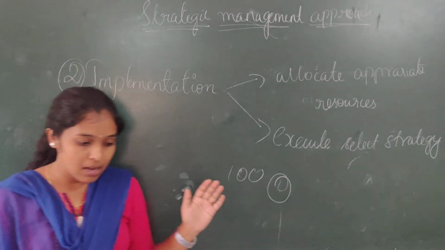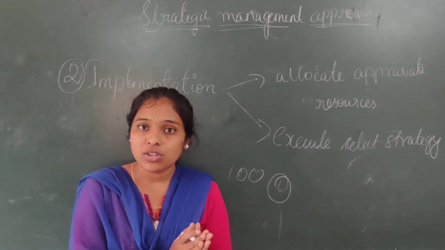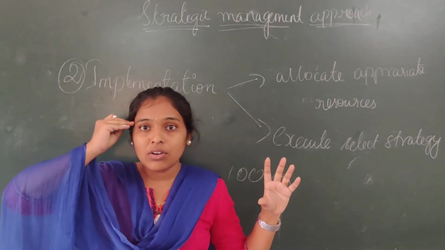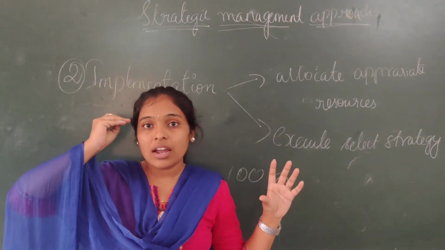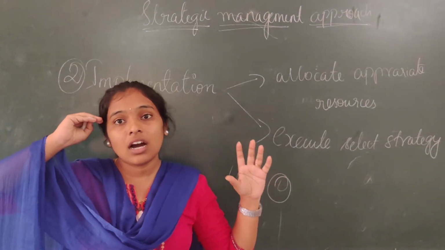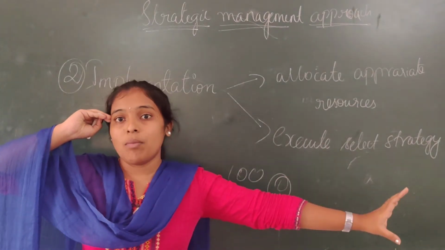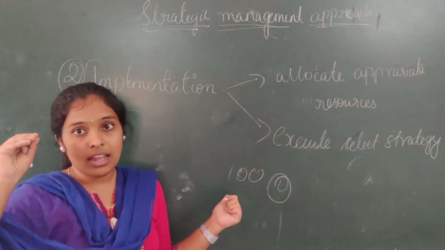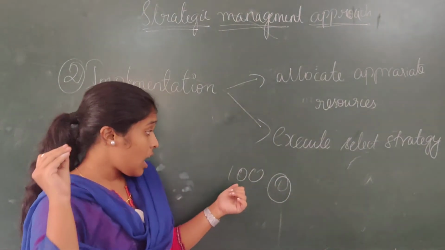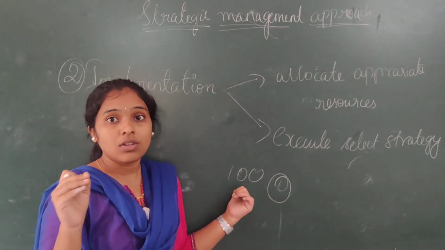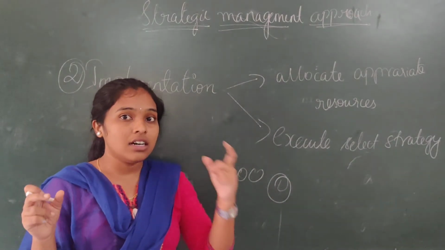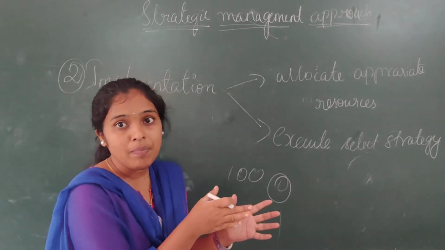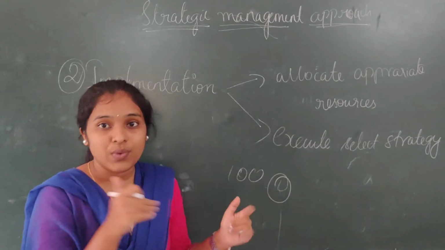That means, for example, when a problem comes, the strategies for how to solve it are already in our mind. Why? Because we have complete knowledge regarding our organization as well as that problem. But having 1,000 strategies is not enough. Selecting the one strategy which is very apt for that problem, which solves that problem, is very important.